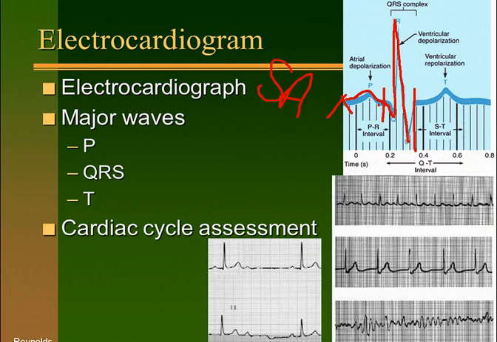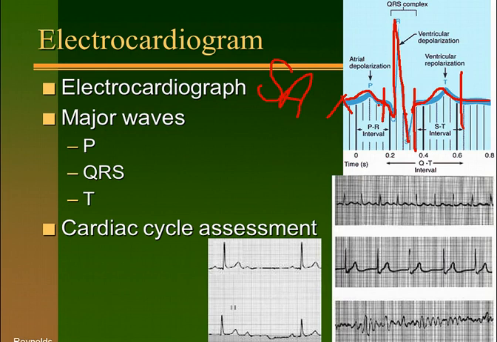Then after the contraction, the muscle is going to repolarize. You know what that means. And when it repolarizes and goes back to its original charge, you get a T wave. That's the wave going through the ventricles, and this of course precedes relaxation or diastole of the heart. So here is the relaxation right there.